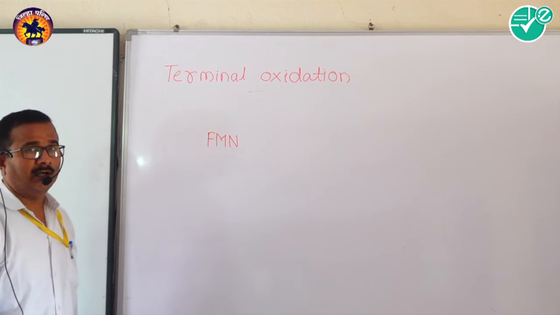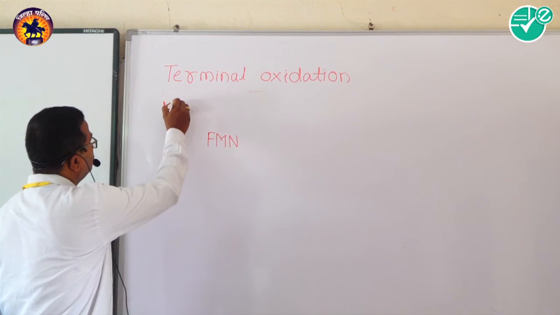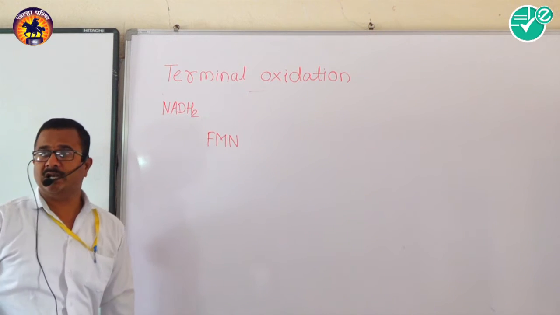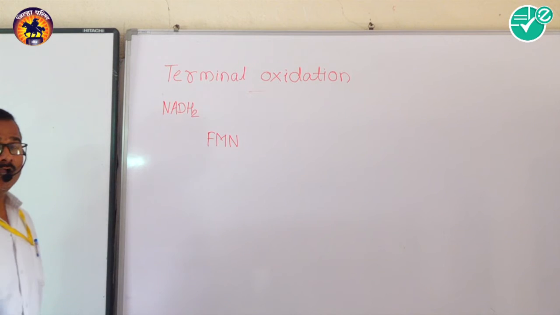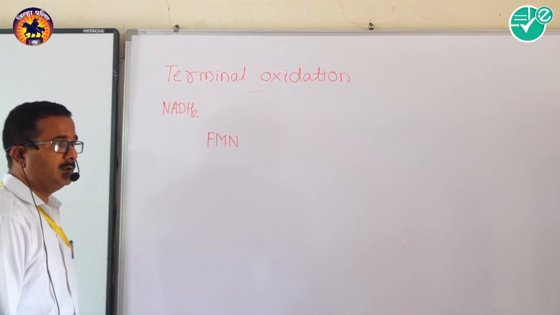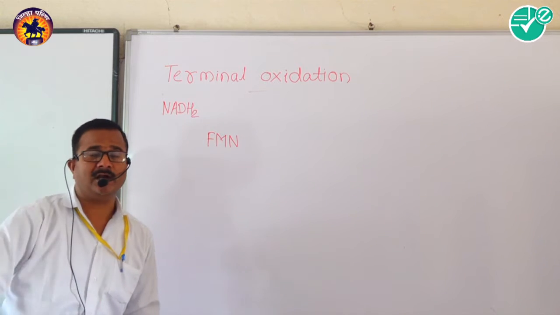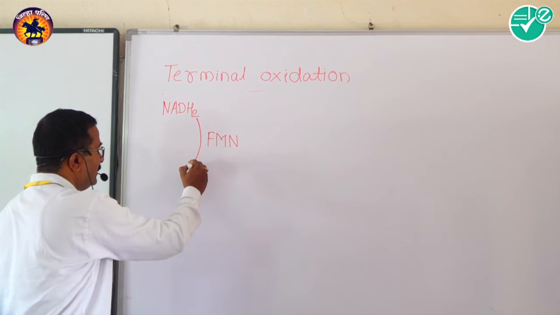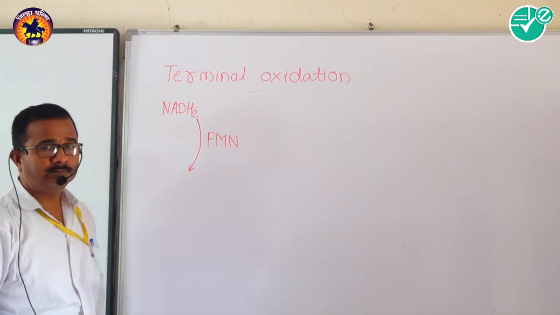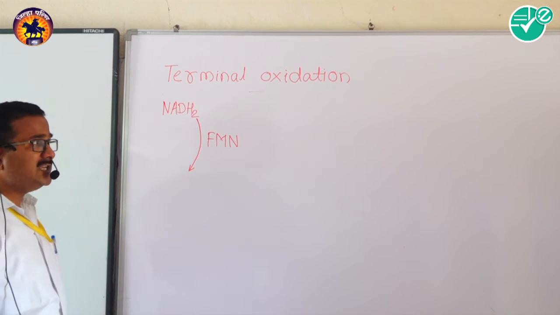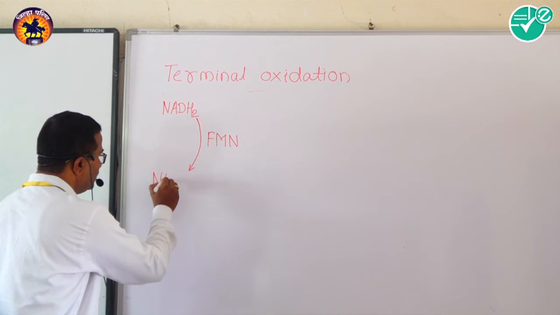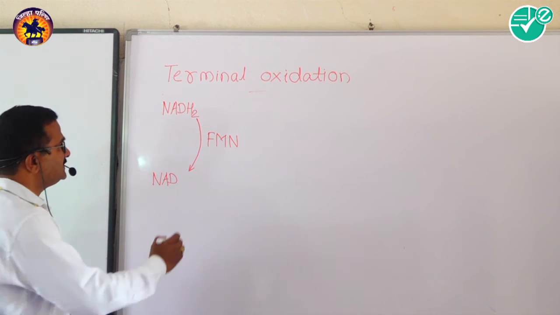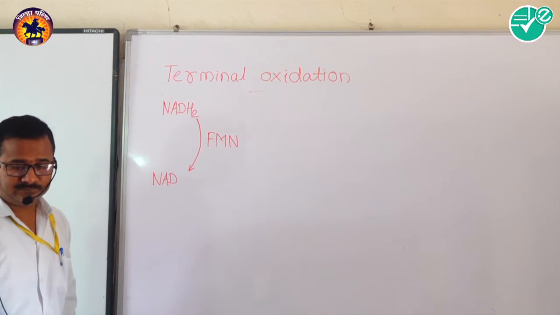Means the NADH2, which got reduced in the glycolysis, link reaction or the Krebs cycle, may transfer towards these F1 particles, and then NADH2 may get oxidized to its oxidized form NAD. During this, hydrogen is released.